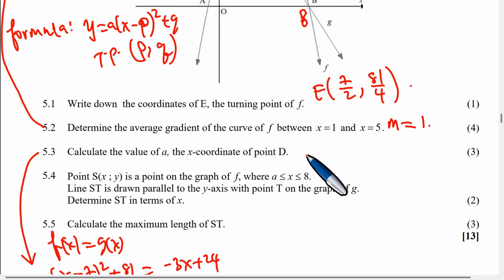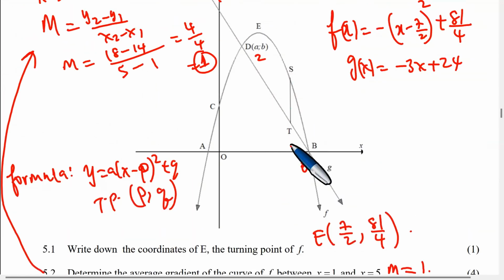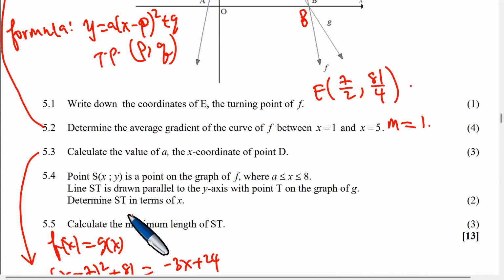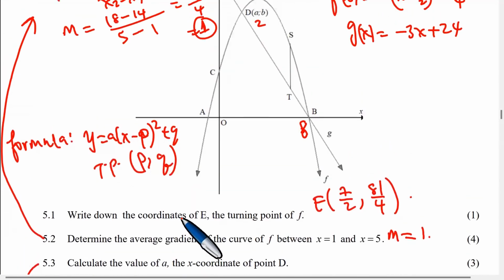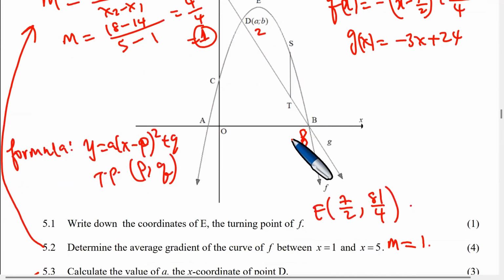Line ST is drawn parallel to the y-axis with point T on the graph of g. Determine ST in terms of x.